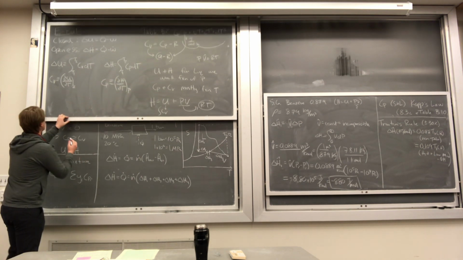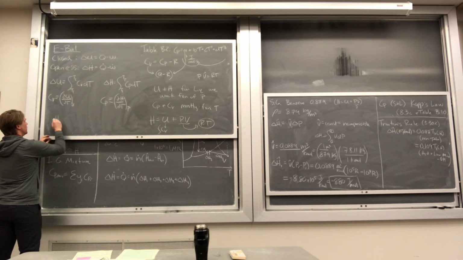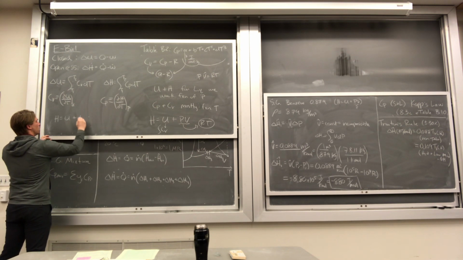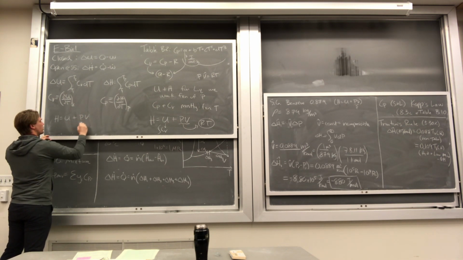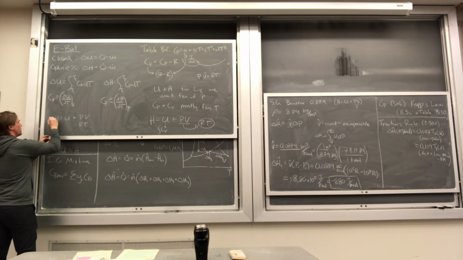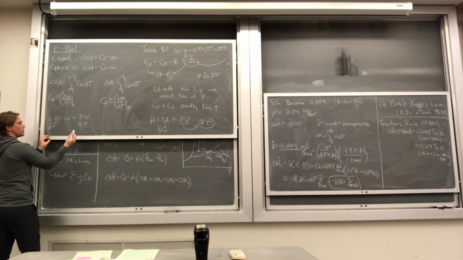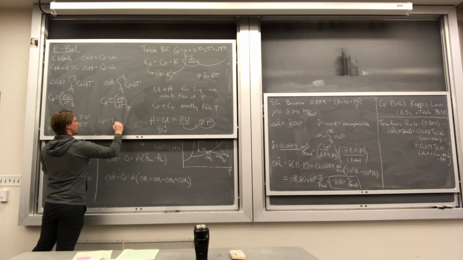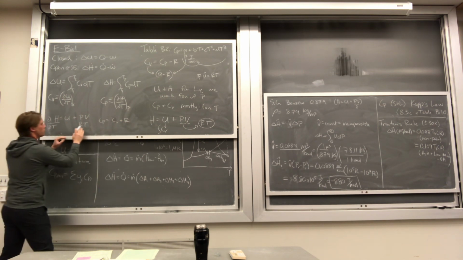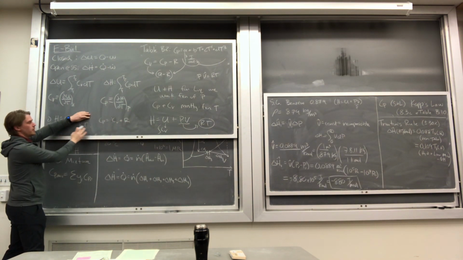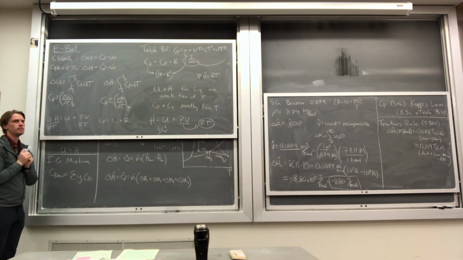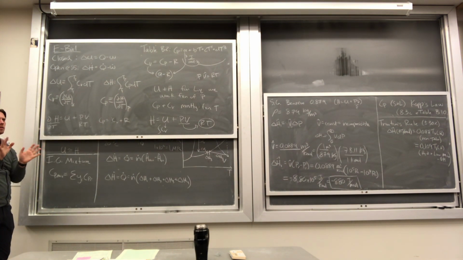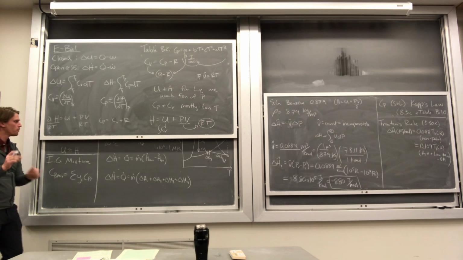We can replace this with RT. I can take the derivative of this with respect to temperature, and then I get C sub P equals C sub V plus R. I'm taking the derivative of RT with respect to T, and that's R. So it's all contained within there.